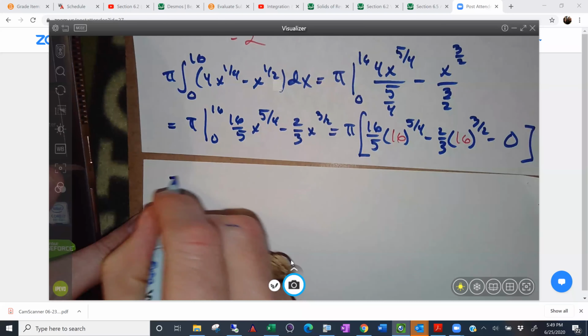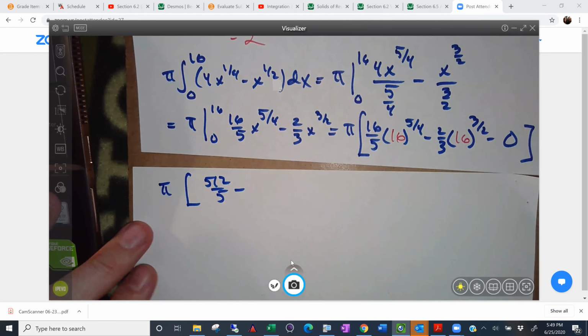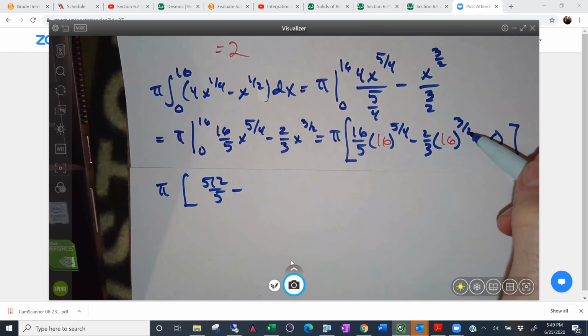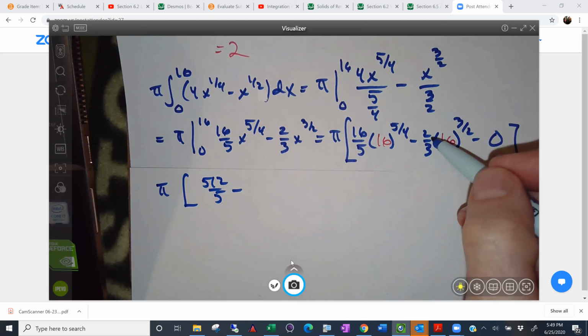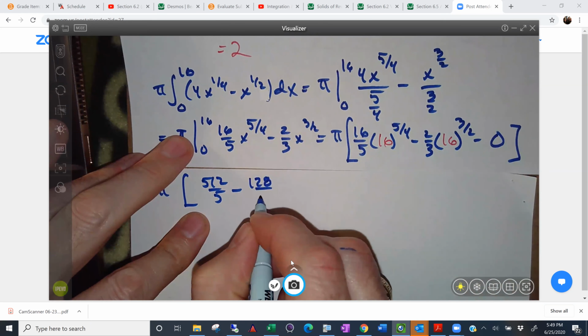So it's going to be pi times 512 over 5 minus, what, 64? 64 times 2 over 3 is going to be 128 over 3.